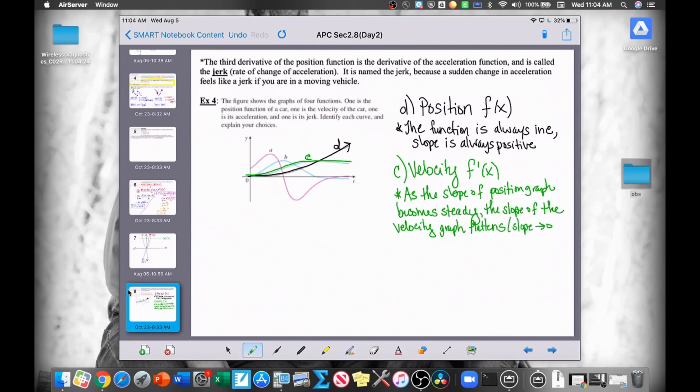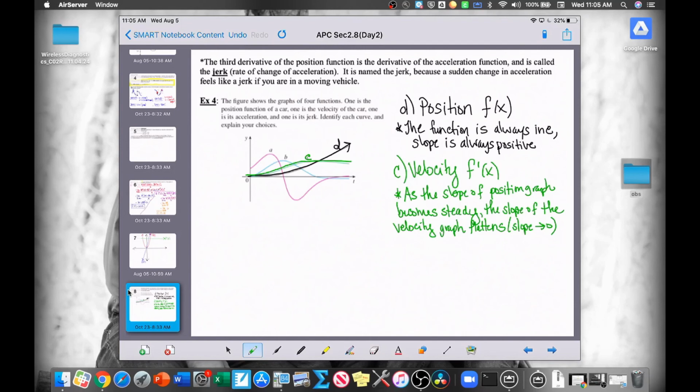Or in other words, our slope becomes 0, right? Because if C is the derivative of D, wherever the slope is steady in D, the slope should become horizontal in C. It should become a horizontal line.